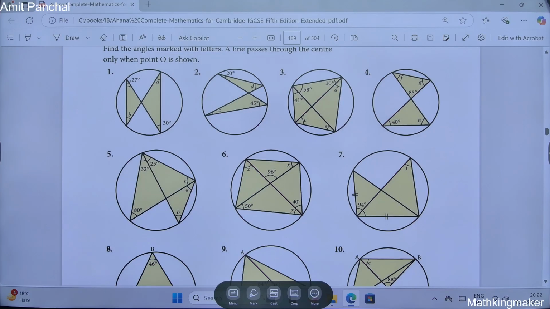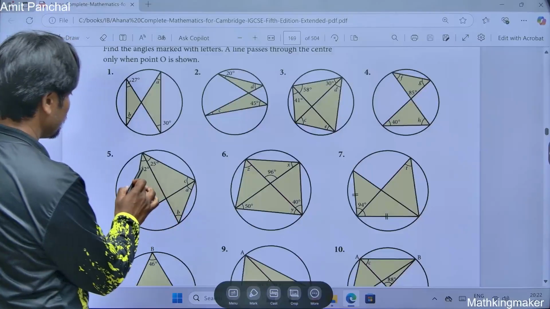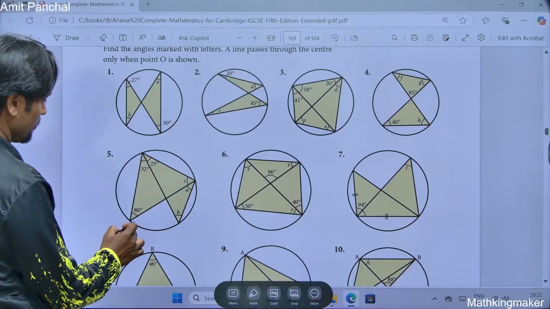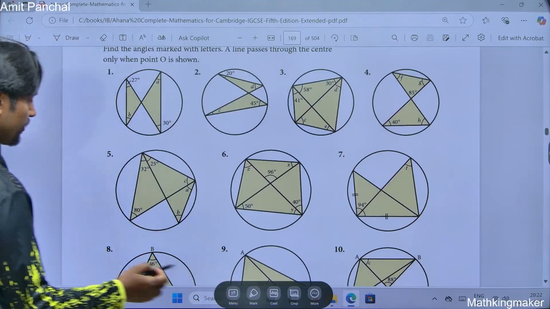It's 68, sir. How will it be 68? Because I found the two lines, sir. See, this 32 is being made by which arc? You name it.